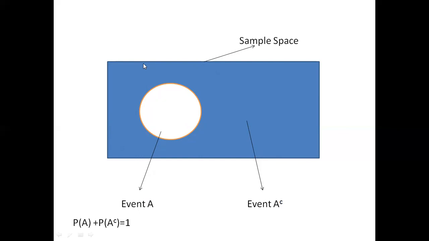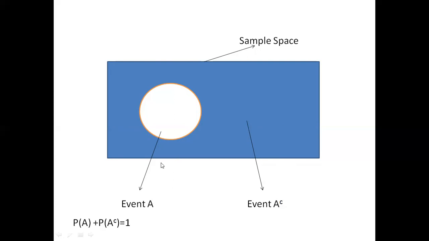Clear? Now, what is the remaining part? The remaining part, outside this white circle but within the sample space, is the event A^C, that is the complement of event A. The C represents the complement.